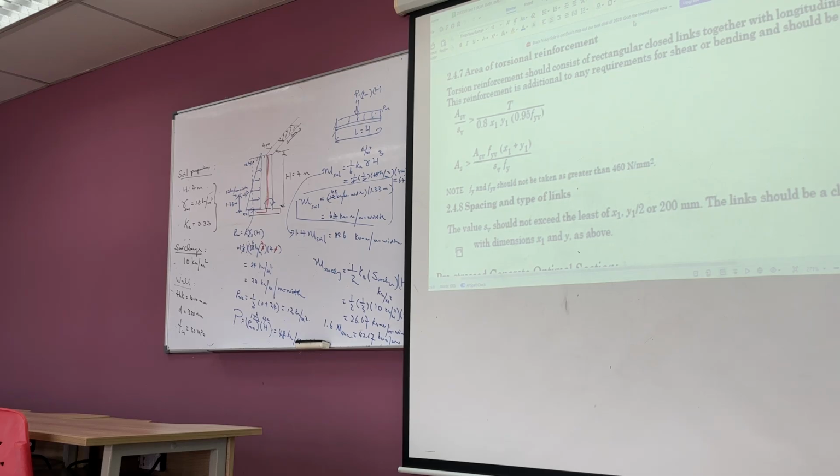My only concern is that you switch them. Understand? Always remember this is gamma H cubed, this is S H squared. Gamma H cubed, S H squared. This is 1/6 Ka, 1/2 Ka.